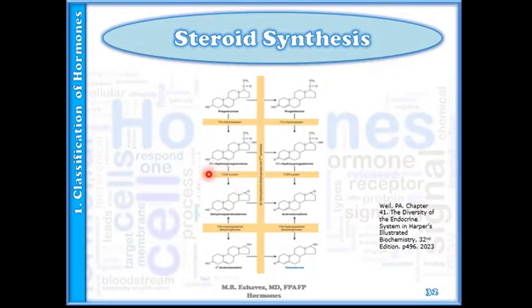This also gives you an idea that if you have a mutation in this particular enzyme, then you cannot cleave these 2 carbons and you cannot form your androgens. You can see here the different forms of androgens, and the one with the masculinizing effect is your testosterone.